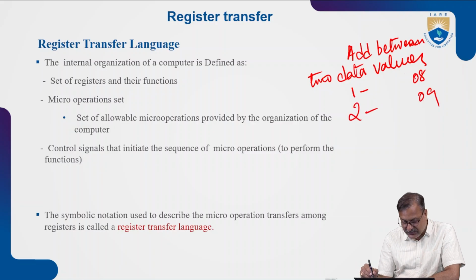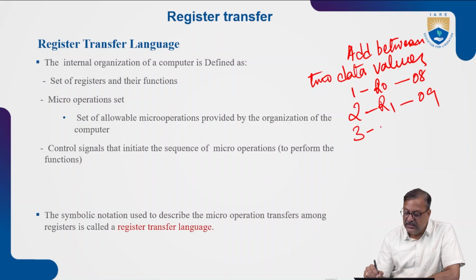These two data values have to be stored in registers. I have stored them in register R0 and register R1. And third, the final result of R0 plus R1, I have to store in R2.